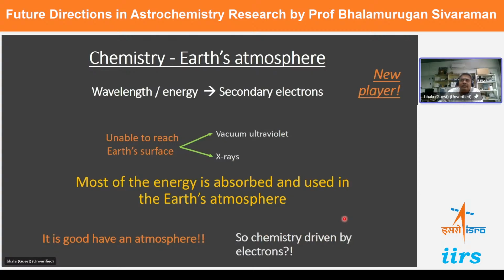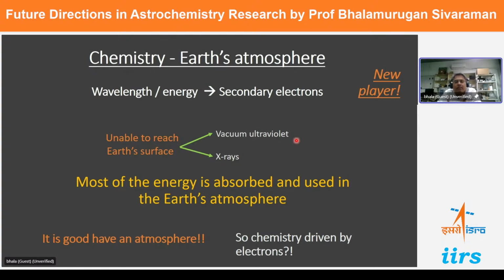So is that the only thing happening in our Earth's sphere? Certainly not. There are lots of reactions, because energetic particles coming from the sun, let it be X-rays, the vacuum ultraviolet, and so on, are being absorbed by the atmosphere that we have got. When you say vacuum ultraviolet, I'm sure for many of you this is a new term.